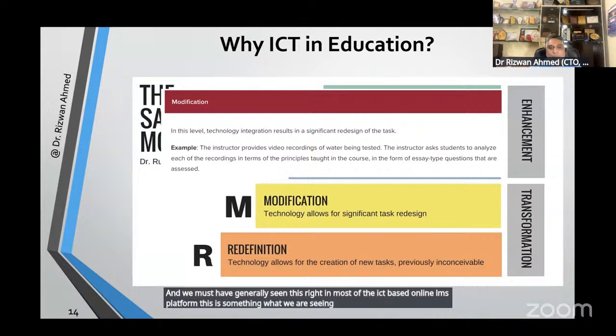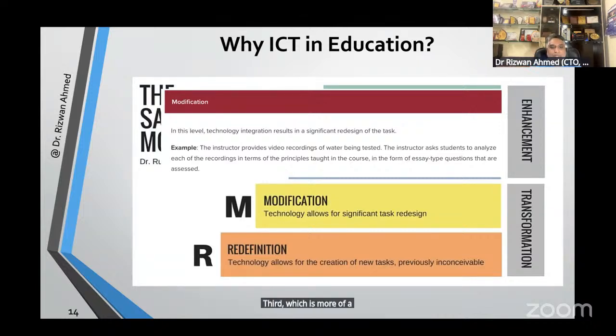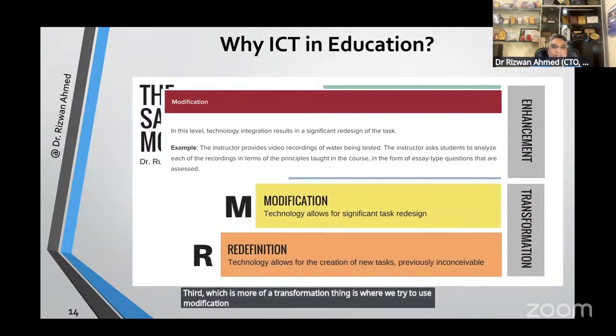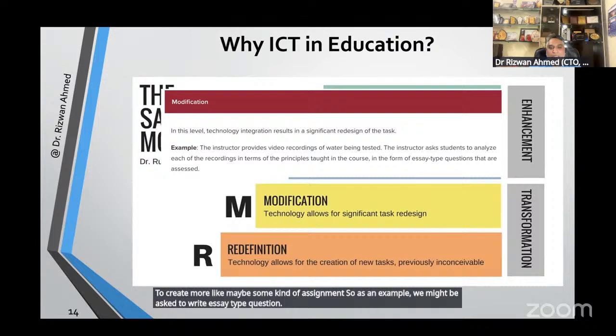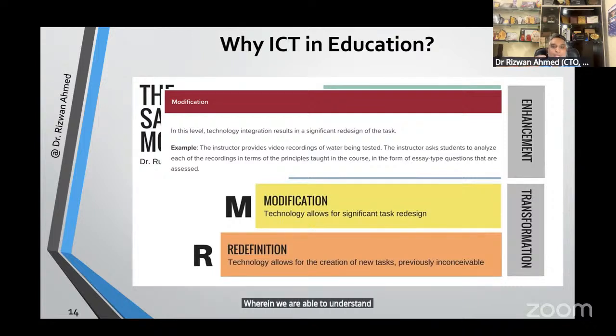Third, which is more of a transformation, is when we try to use modification. As an instructor or a teacher, we'll have the video recording. But from that video recording, we ask students to create some kind of assignment. As an example, they might be asked to write an essay type question, wherein we are able to understand what they are able to comprehend on their own.